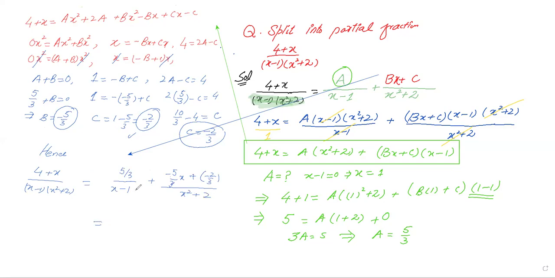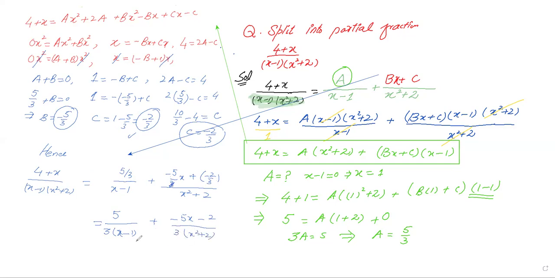Now, as we know, if you have two fractions, denominator will multiply by denominator. So that's the denominator 3, you have to multiply by this one. The final answer will be 5 over 3 times x minus 1, and plus, you have to write minus 5x minus 2 divided by, taking the LCM of the denominators of the numerators, 3 times x squared plus 2.